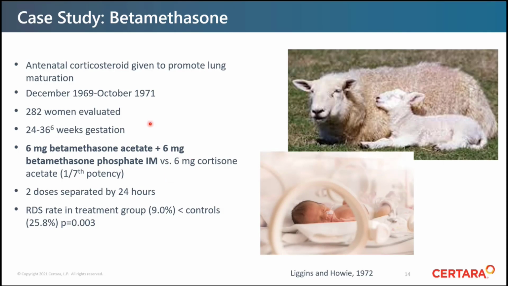So they ran a clinical study in 282 women from 24 to 37 weeks gestation, where they gave the same dose and compared it to 6 milligrams cortisone acetate, which has 1/7 the potency.